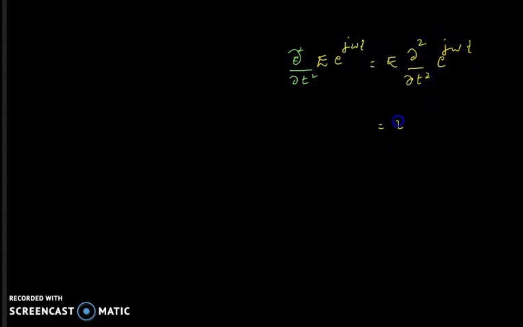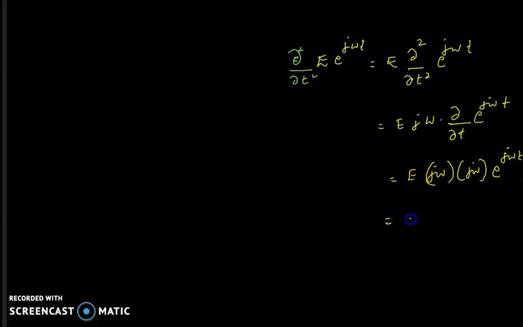If you take it 1 time, d by dt of e power j omega t becomes j omega e power j omega t. Doing it again, this becomes E j omega into j omega into e power j omega t. So this becomes minus E omega square e power j omega t, because j square equals minus 1.